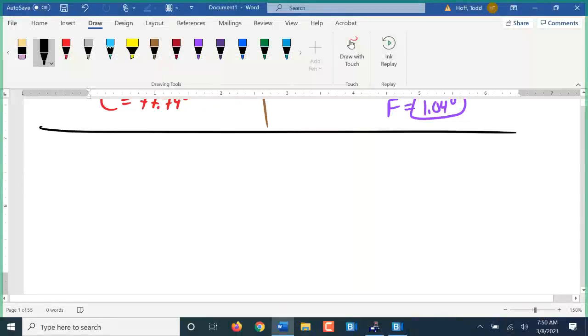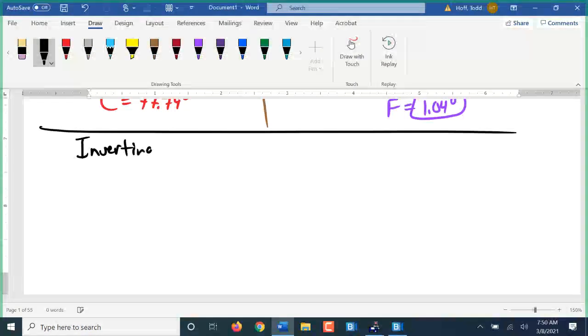Let's talk a little bit more about inverting something. And the parallel I like to draw here is solving an equation. I have 3x plus 7 equals 19.